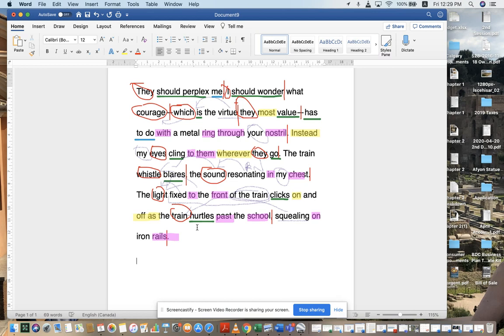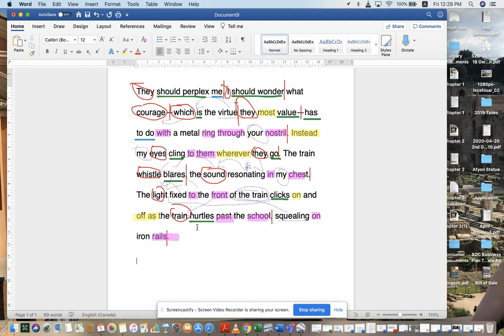Okay, you see that imagery of two things happening at the same time. If we were to separate it, like for example, if we say the train hurtles past the school and the wheels squeal on iron rails, when you see this and try to interpret that, I'm no longer giving you the impression of two things happening at the same time.